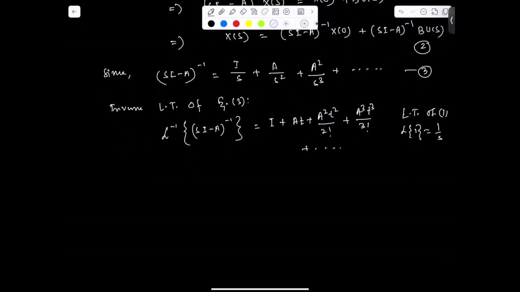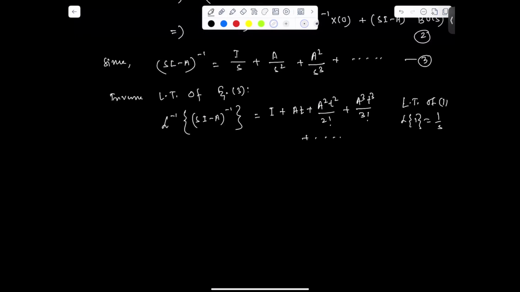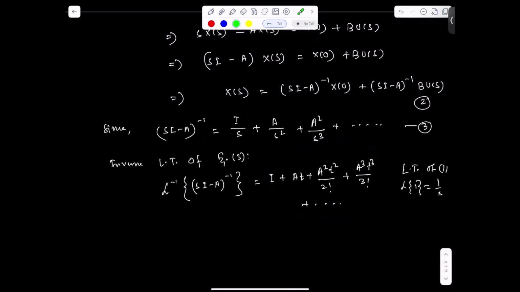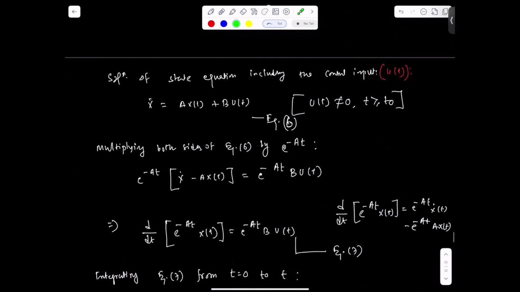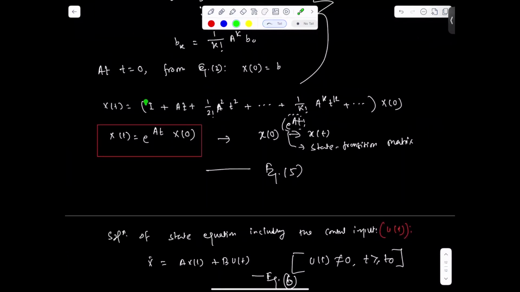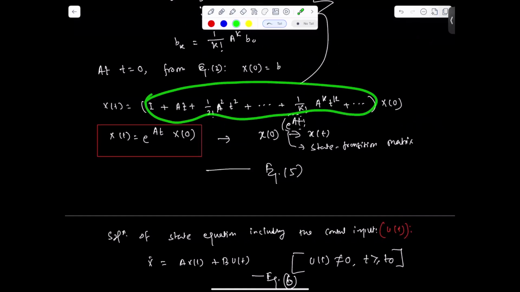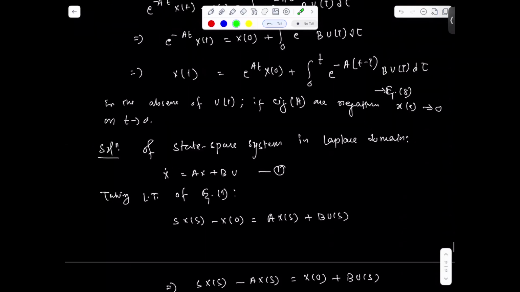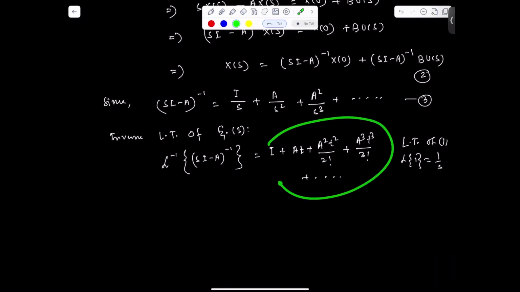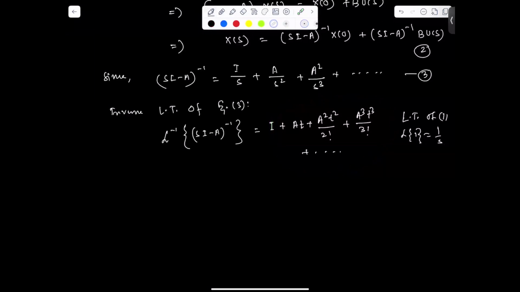So now, already, if you remember, in the previous example for finding the state transition matrix in the time domain case, we denoted e to the power At. So similarly, we have the same expression here also. So we can write this expression as e to the power At.